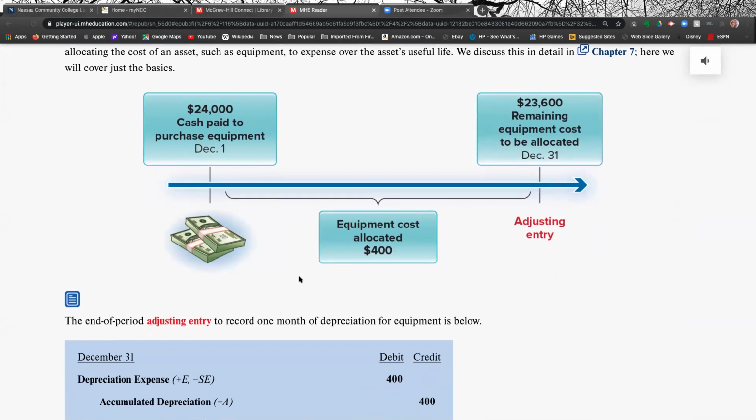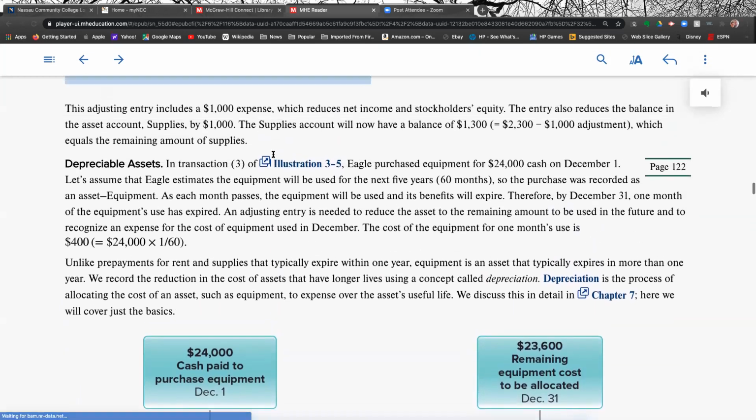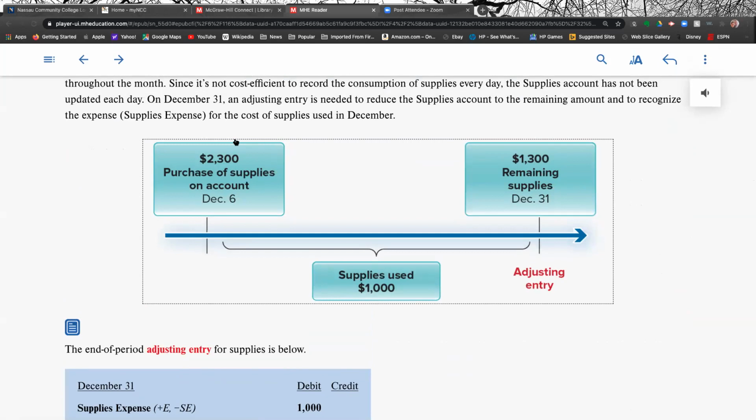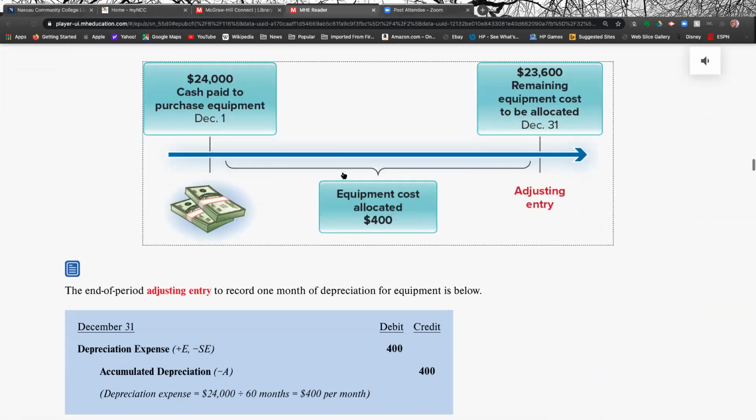Okay. Now let's talk about assets like equipment, buildings. What separates something like supplies from equipment? The supplies have a very short life, right? How long does a pencil last you? A few weeks? How long does equipment last you?